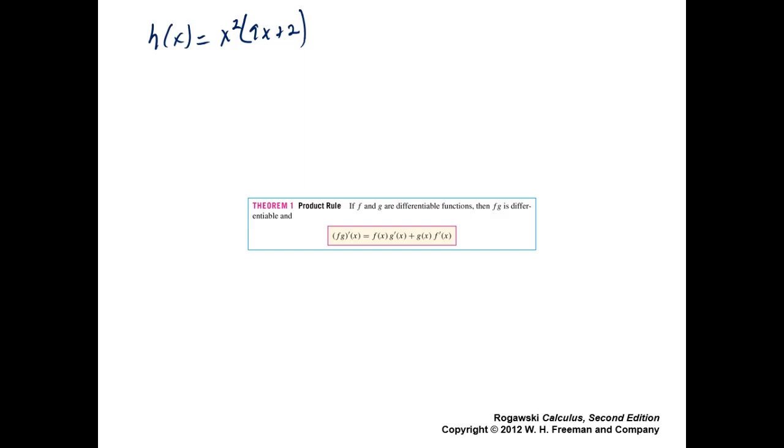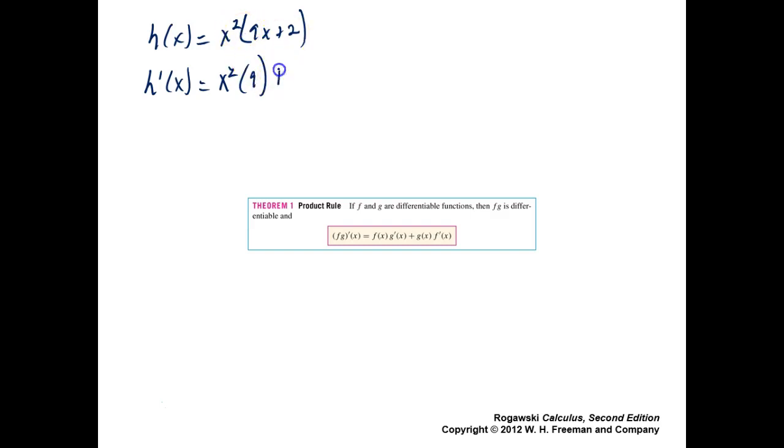Now, there's more than one way to do this derivative, okay? Let's do it using the product rule. So, using the product rule, what would h prime be? X squared times 9, derivative of the second, right?